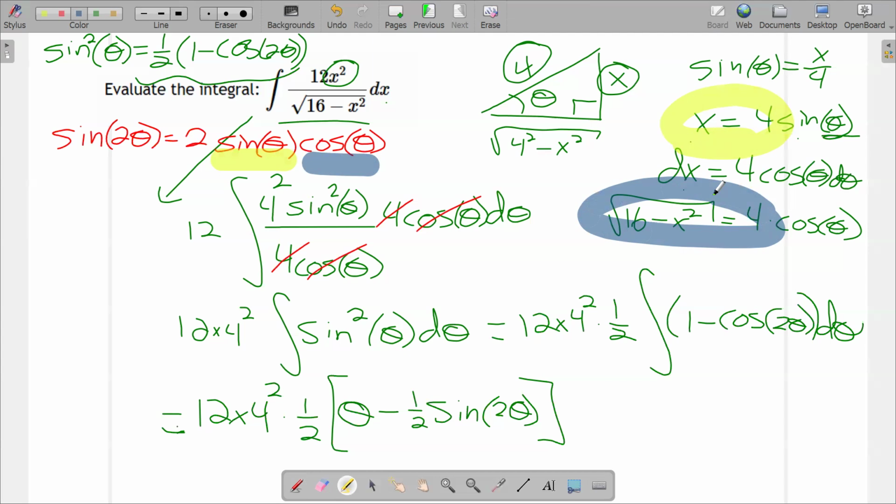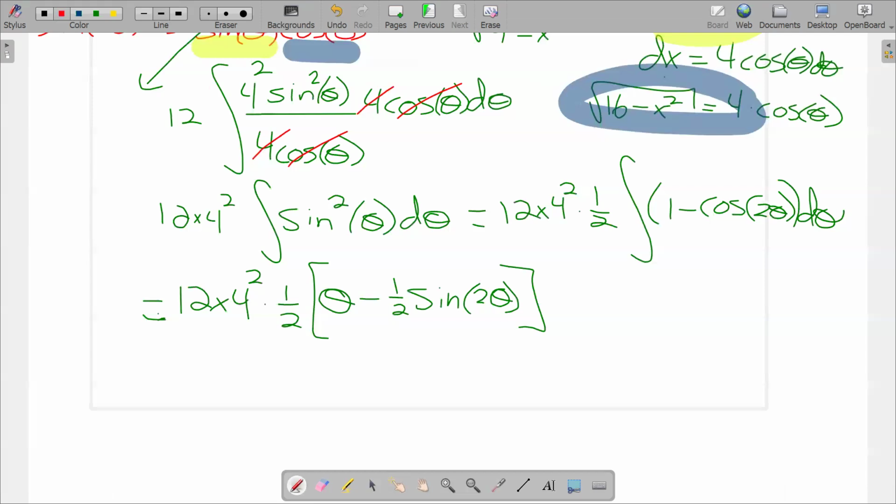All right, putting this all together, I've got 12 times 4 squared times 1/2. Okay, so I had 4 times the sine of theta was equal to x.